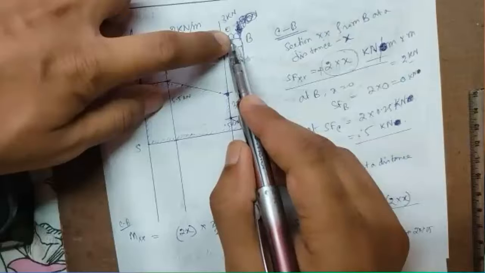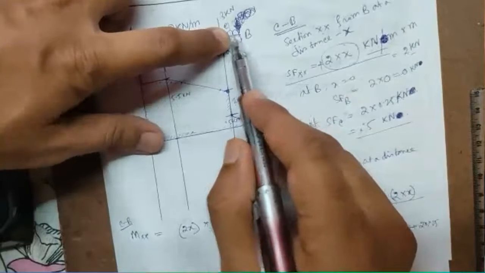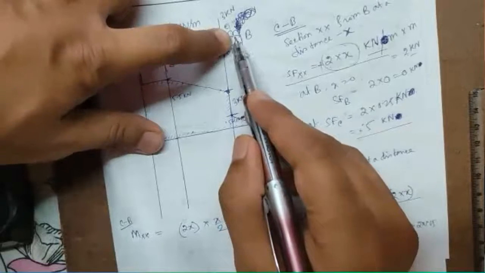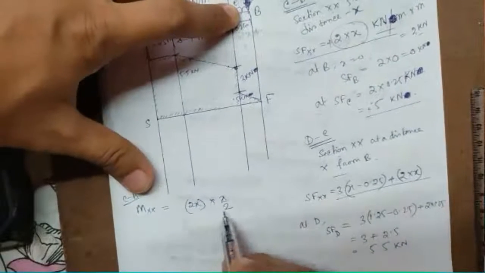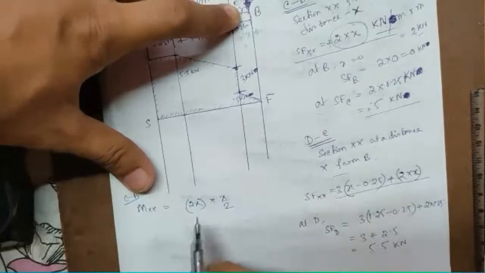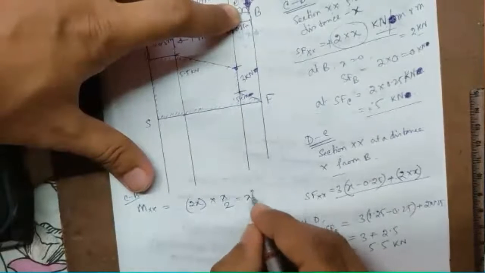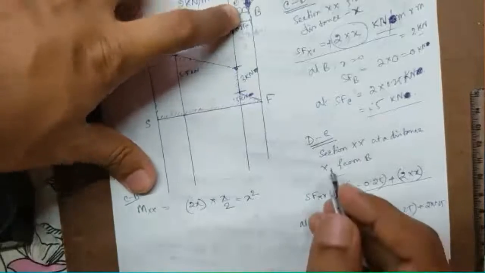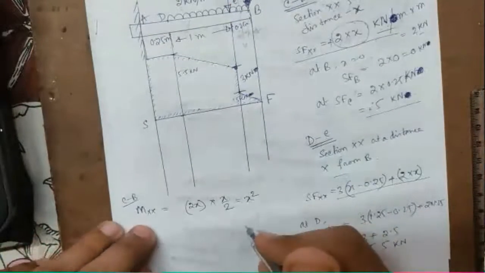For the same type of loading at the same rate, it will be at the middle, so it will work at x by 2. So the bending moment working on this x section will be 2x into x by 2, which is written as x square.